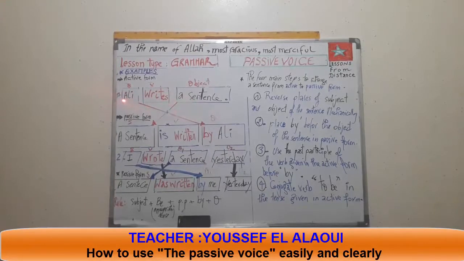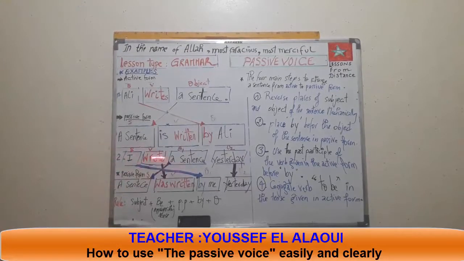In other words, it's Ali who writes the sentence and not the opposite. The passive form is when the person or thing indicated by the subject of the sentence is the receiver of the action, which means the sentence is written by Ali and not the opposite.